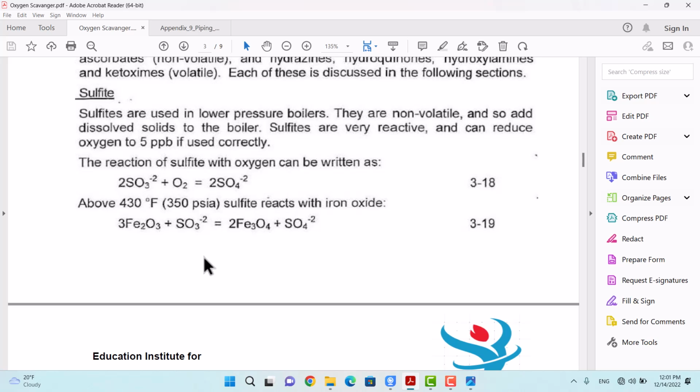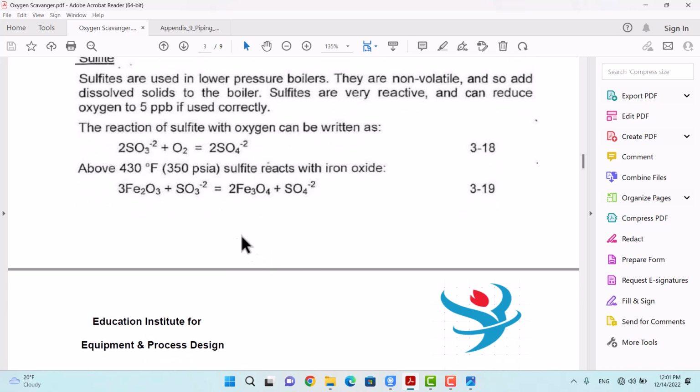As I said, one of the results of these reactions is this magnetite layer, which acts as a passivating layer, and of course they produce some passivation, but they are not normally known as a passivating agent, because the amount of this layer produced is not that much compared to other oxygen scavengers.